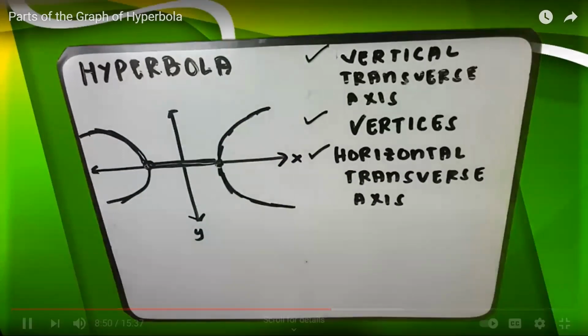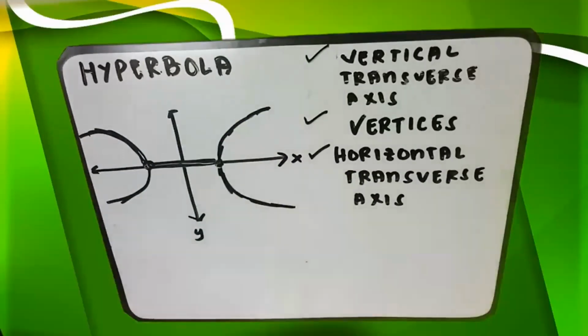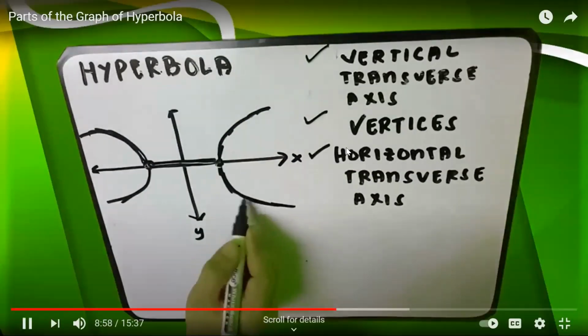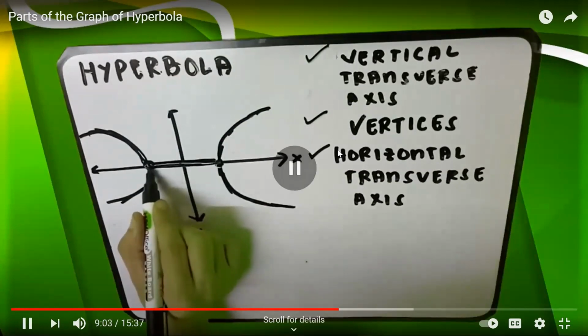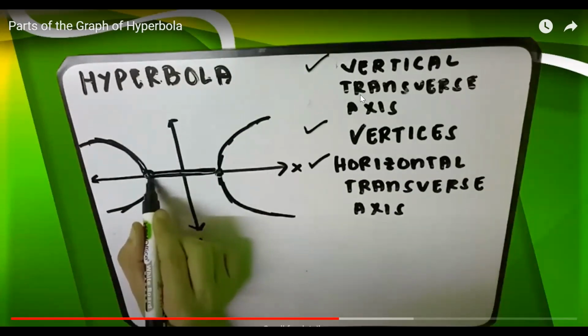Next. So yung first graph natin kanina yung pinakita ko, that is an example of vertical transverse axis because the graph opens up and down.